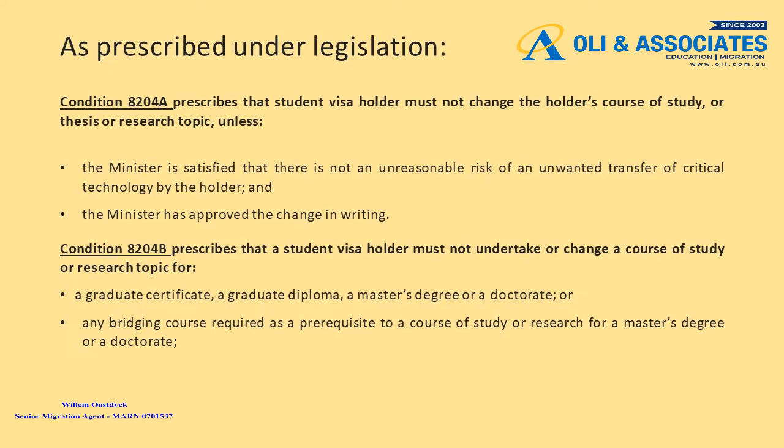These conditions prescribe that student visa holders must not change their course unless the minister is satisfied that there is not an unreasonable risk of an unwanted transfer of critical technology by the holder, and the minister has approved the change in writing.